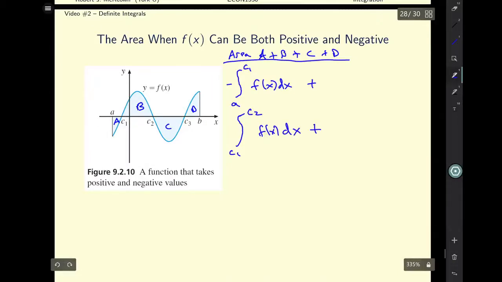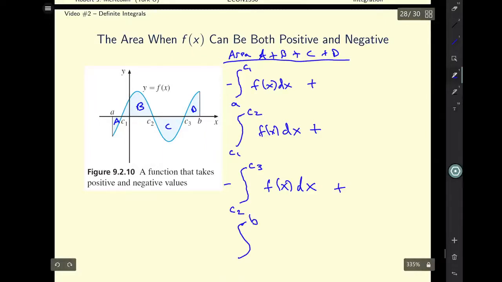Plus the c area. C is in negative space, so I'm going to have to put a negative sign in front of this integral. And then the integral is going to be c3 to c2 of f of x dx. And then finally d over here. It's in positive space, so I don't need to add a negative sign.